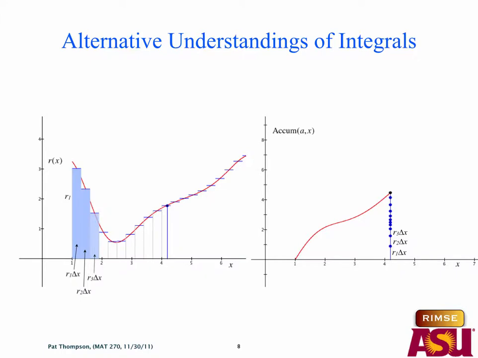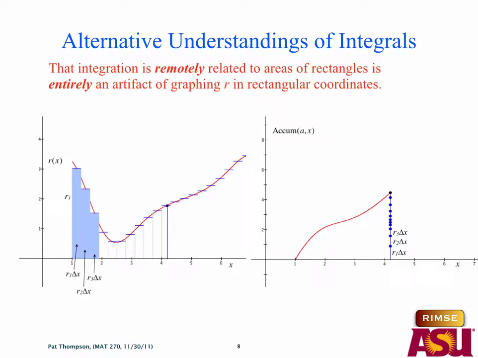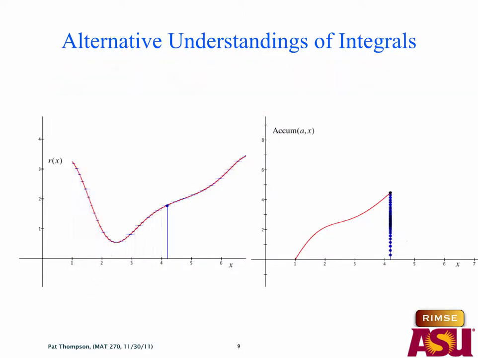So one more time, the pretty picture. And then, of course, if you let delta x get small, then the areas get closer to the actual area, right? So that accumulation value on the right graph is represented by this vertical line segment.